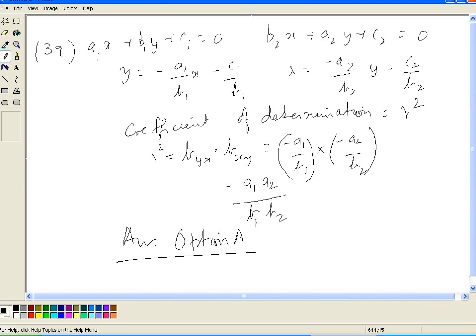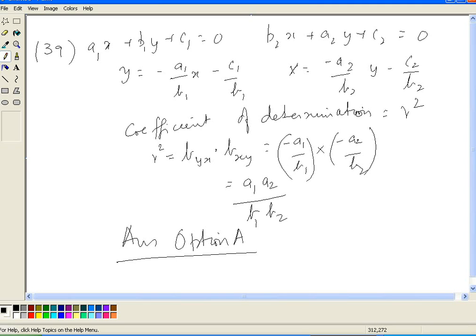Similarly, b2x plus a2y plus c2 equal to 0, so x is written in terms of y as minus a2 by b2 y minus c2 by b2. The coefficient of determination is nothing but r squared, which is equal to byx into bxy.